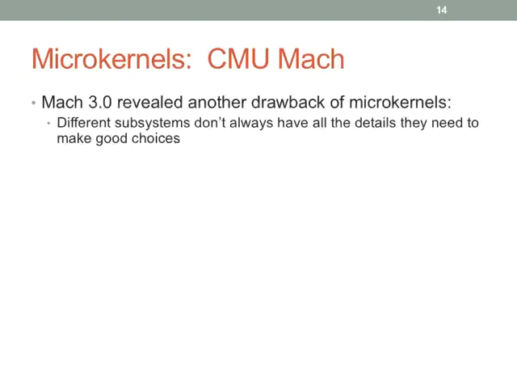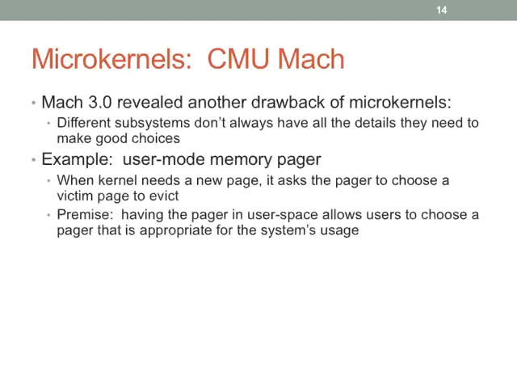Okay, so another issue, which we'll try to speed up here, is that Mach 3 uncovered another issue with microkernels, which is that these components that are managing things don't always have all the information they need to actually solve the problems they're responsible for solving. The virtual memory pager is a really good example of this, where it's required to make a decision about what page should be evicted across all the processes in the system.